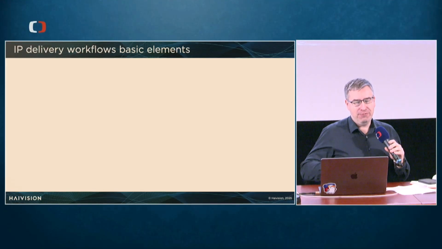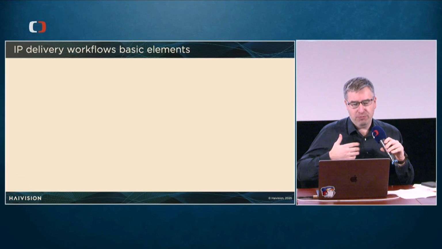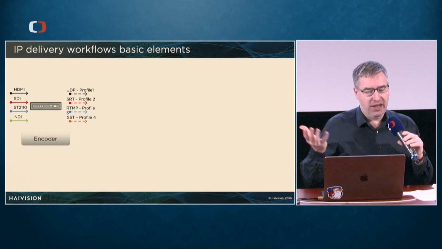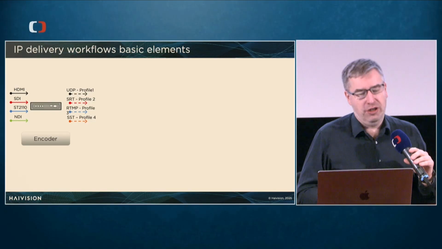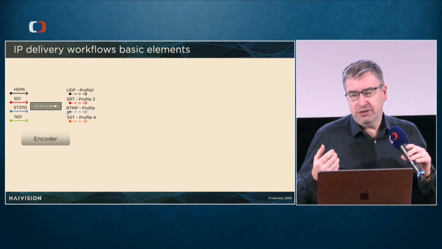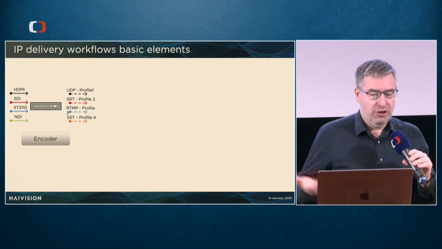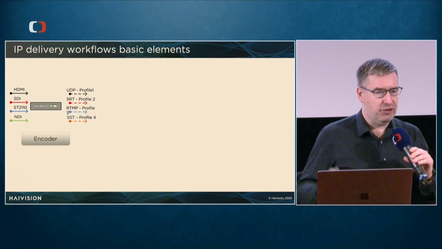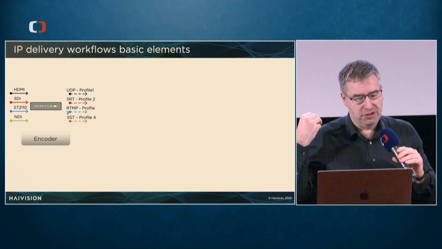So before going to the products, just an overview. What are the basic elements that we have in IP delivery workflows? It doesn't matter who the vendor or manufacturer is, but usually you have an encoder, something that converts from baseband to something that is compressed.